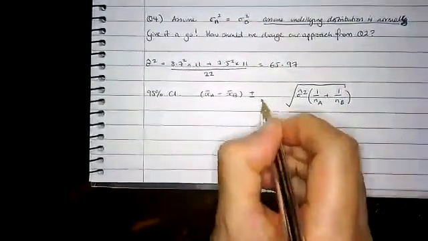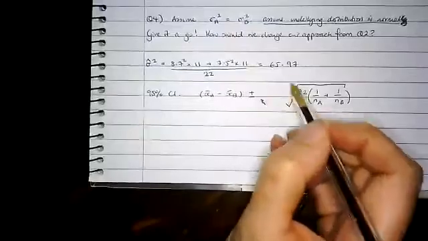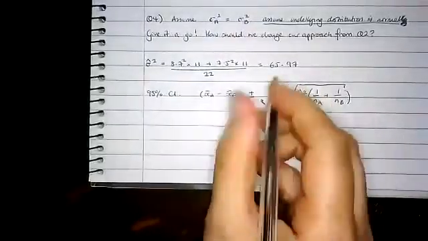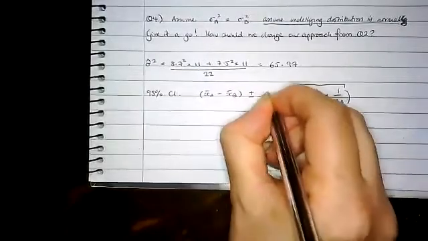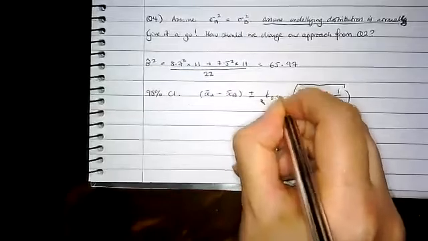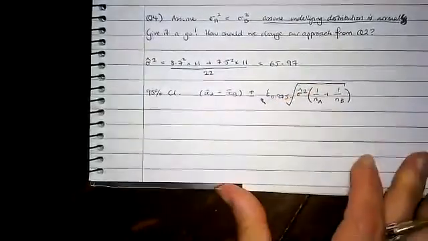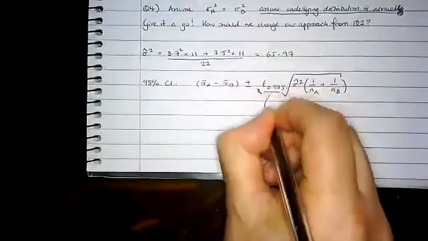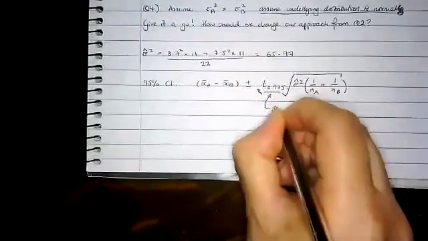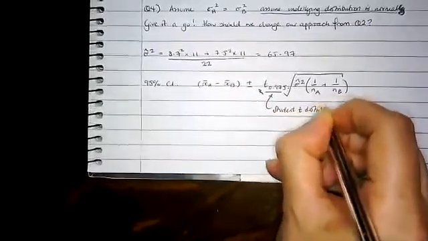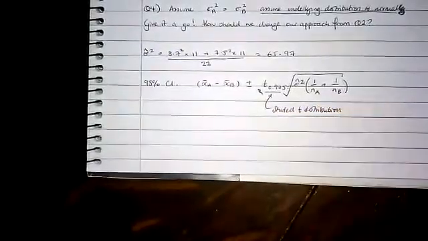So what is going to be changing is this factor outside the square root. And in this case, it's going to be one of the values from the student t distribution, and we denote it by t 0.975. Now this value here is from the student t distribution with degrees of freedom 11.